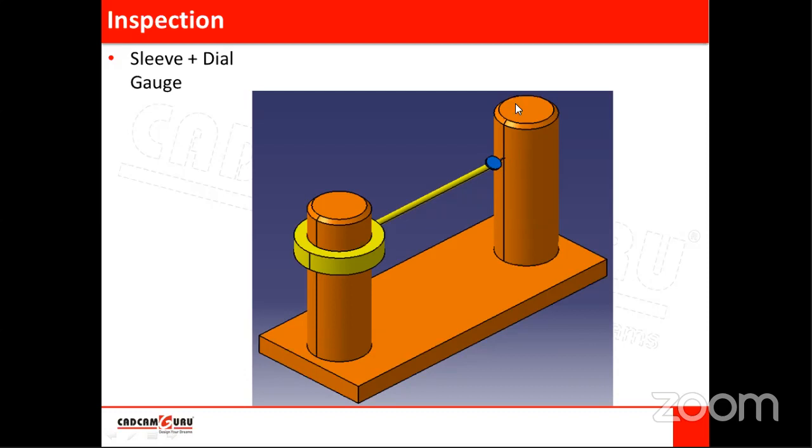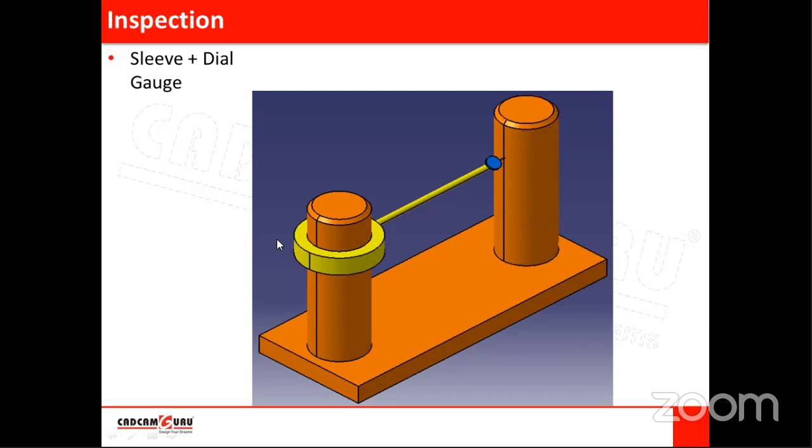But if the component is shifted or tilted in this direction, that shift is an error in parallelism, because this will not be parallel to this axis. This axis is deviated in this direction, so we cannot get that error using this dial gauge arrangement, because we are checking in one direction only. Only if the shift or tilt is in that plane can we get that reading.